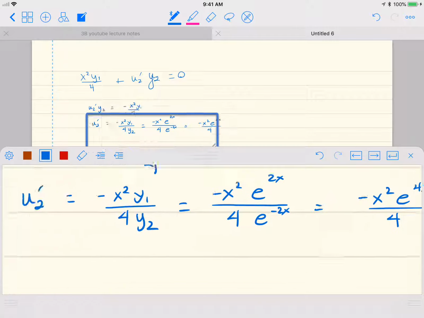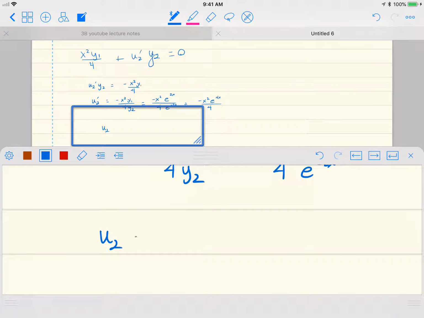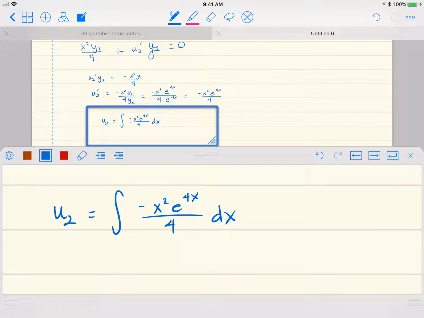And therefore, u2 is going to be the integral of negative x squared e to the 4x over 4 dx. And it looks like if we wanted to solve this, we would use integration by parts twice. Okay? All right. Thank you.